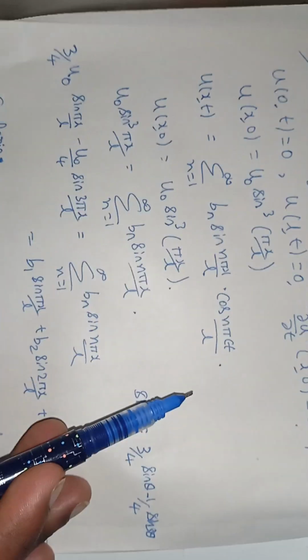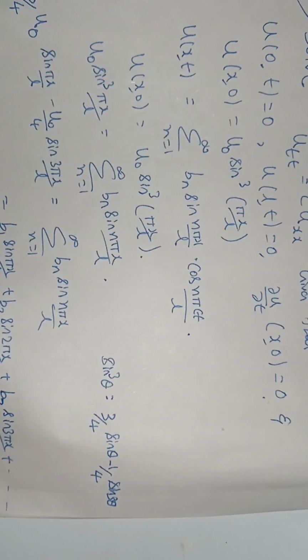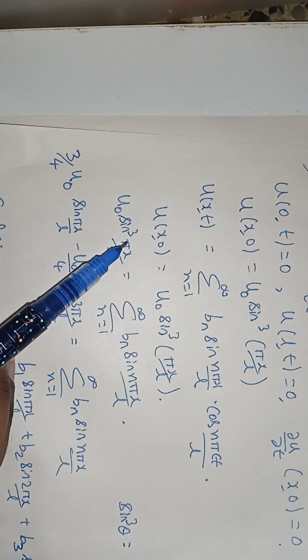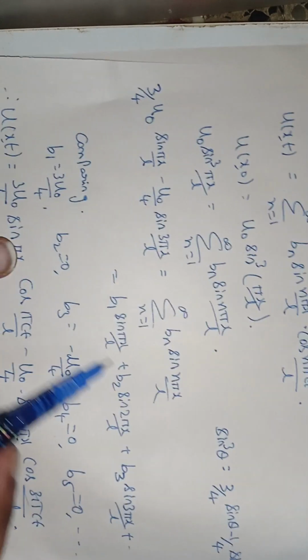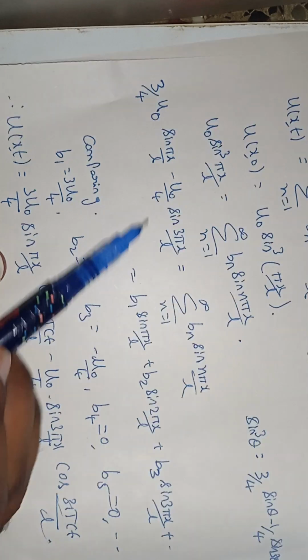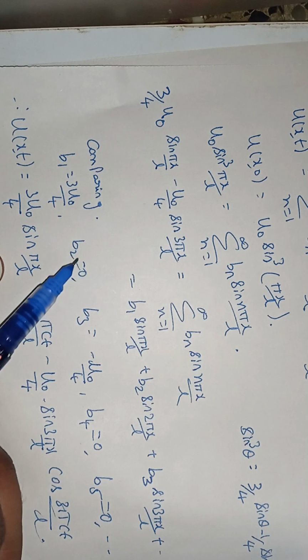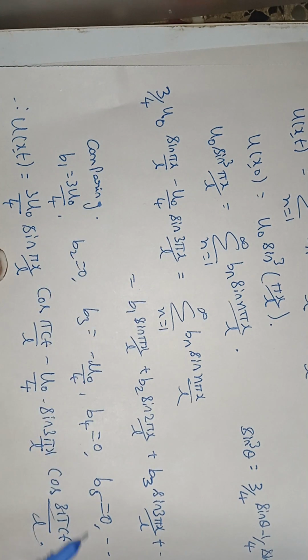So sin cube theta, from the formula of sin 3 theta, sin cube theta can be written as like this. So in the place of theta we have pi x by l. So I have substituted and expanded the summations and comparing, coefficient of sin pi x by l, b1, is 3 by 4 u0, b2 you don't have, 0, and for sin 3 pi x by l, b3 is minus u0 by 4, etc.